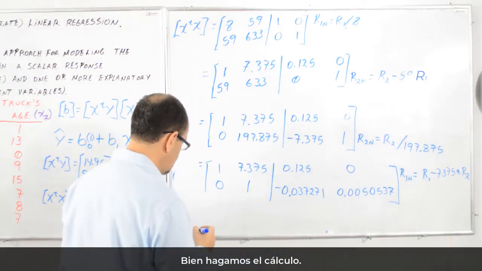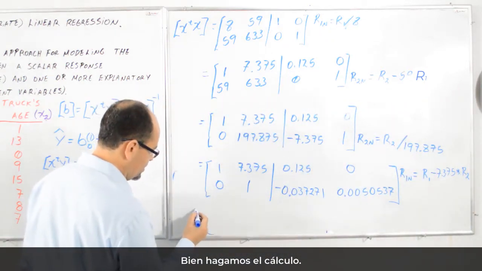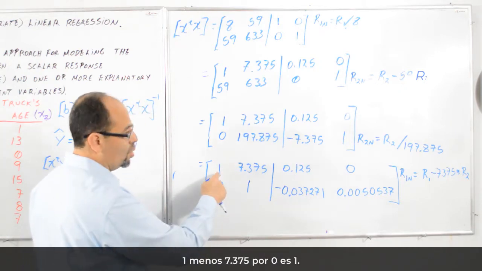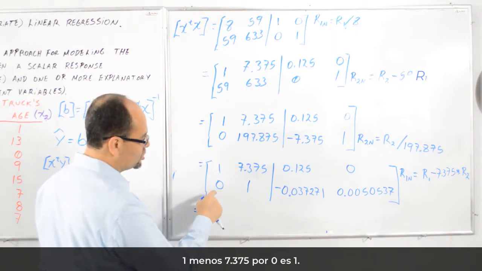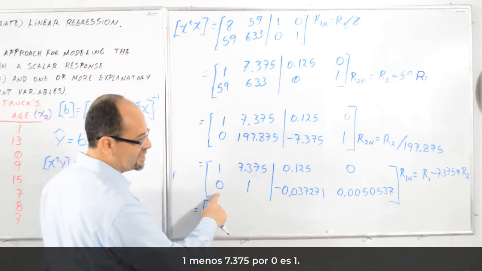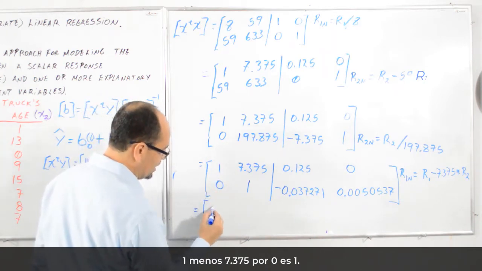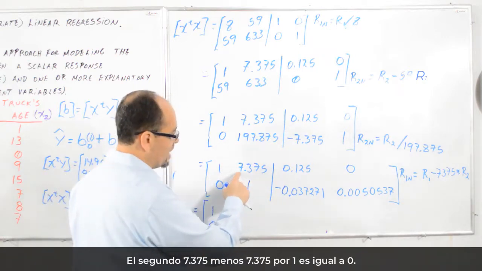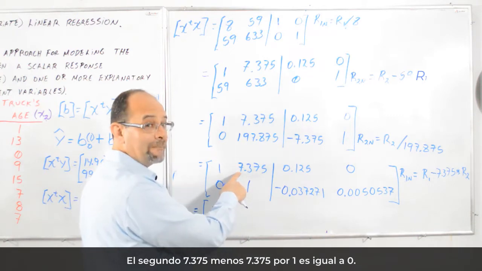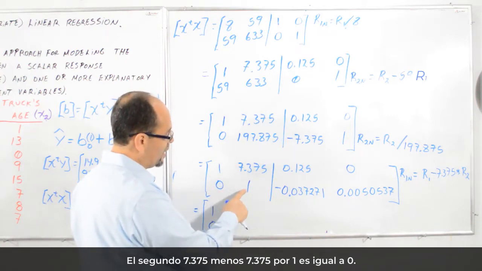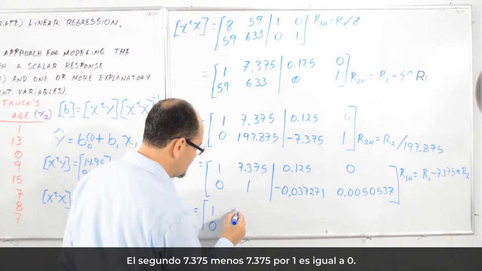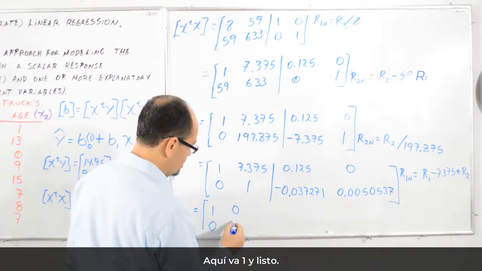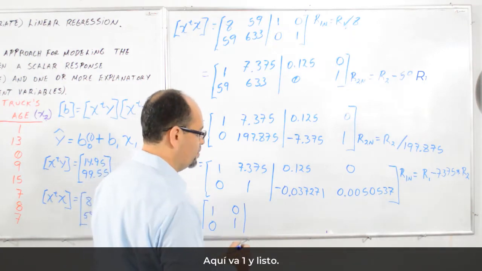And well, let's do that. 1 minus 7.375 times 0 still is 1. Second one, 7.375 minus 7.375 times 1, that is 0. This is 1. We are done.